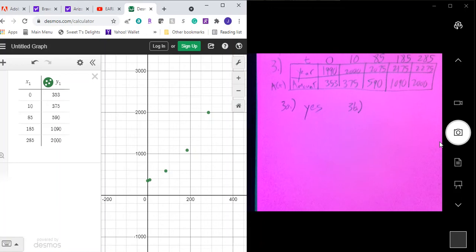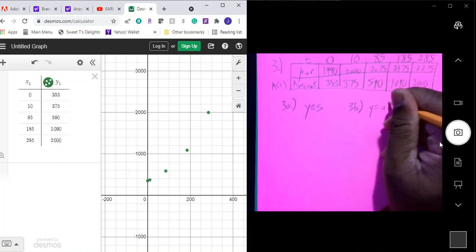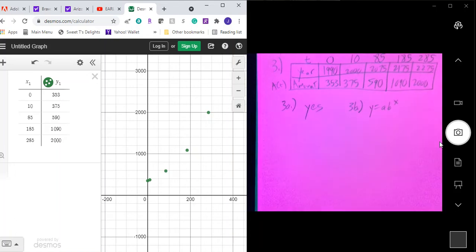The general formula for the exponential regression is y equals a b to the x power. Now I know we're supposed to be using A and T, but we're going to get back to that once we get our equation.